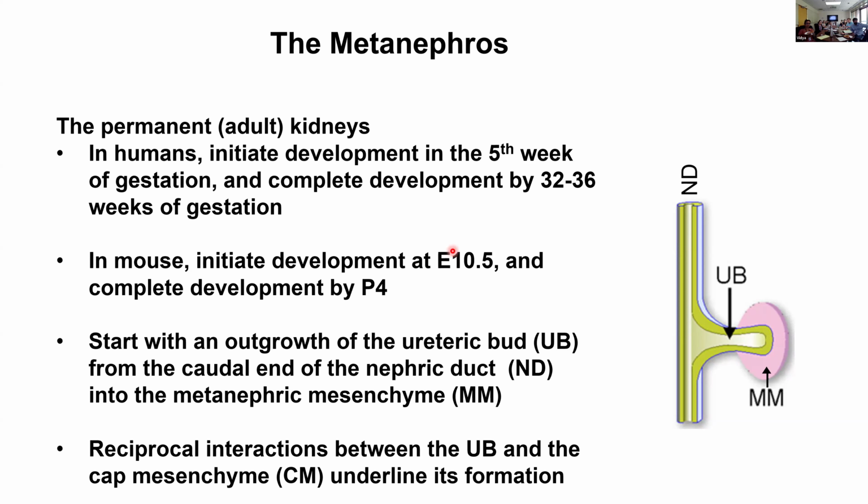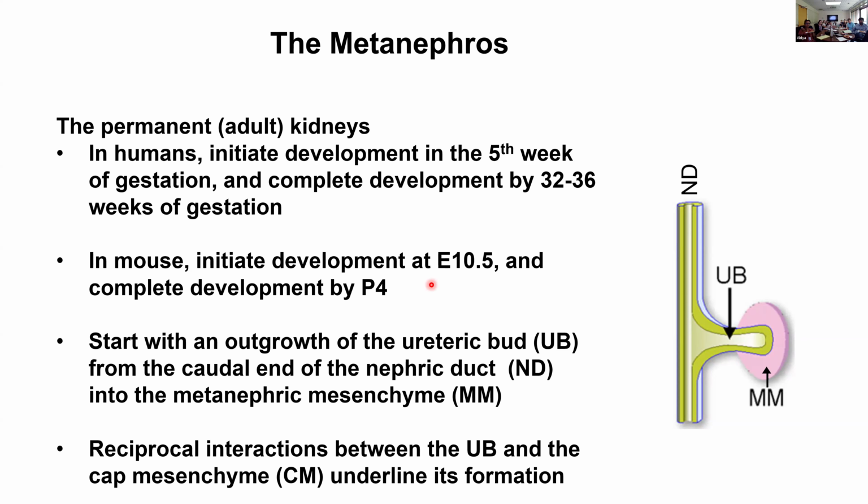What one can say is that for humans postnatally, and for mouse after P4, you don't have any more nephron formation. One uses the word nephron endowment to describe the developmental maximum number of nephrons formed. Individually it's all different in number. We'll come back to that later.